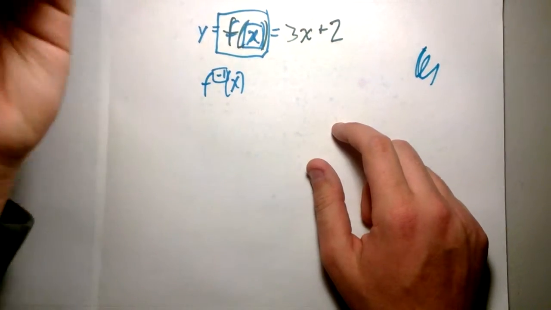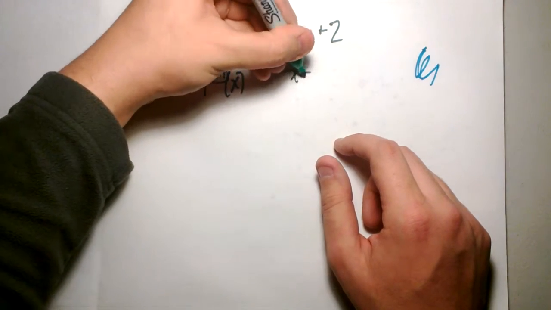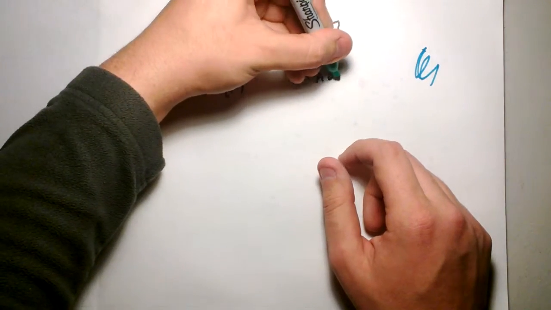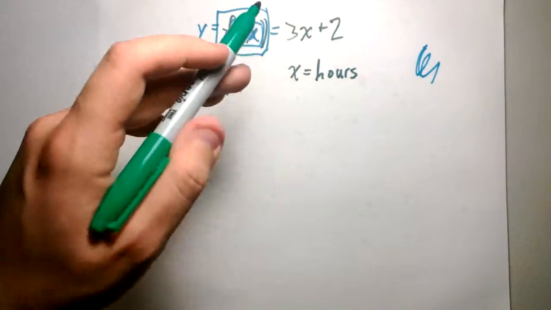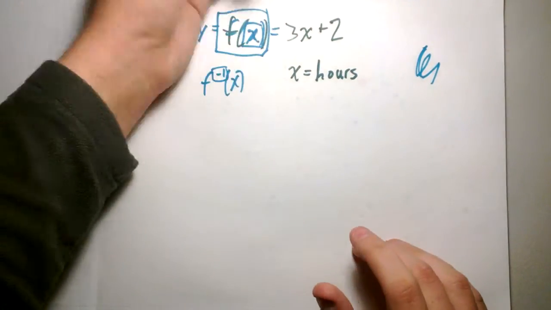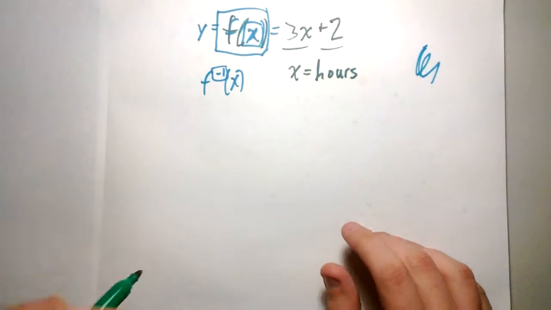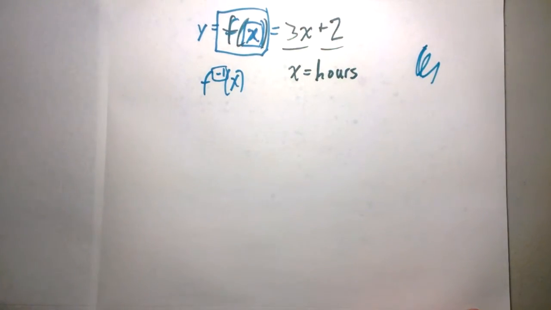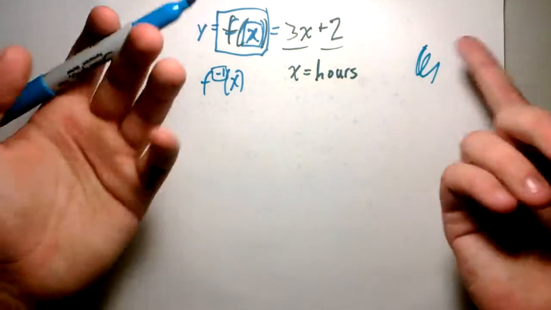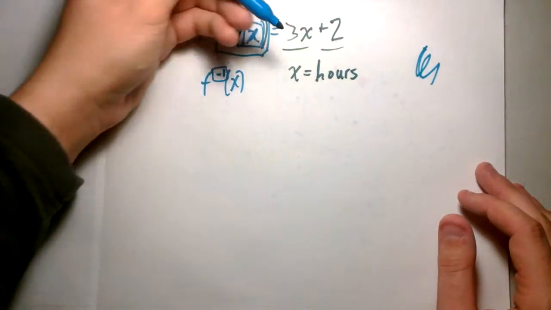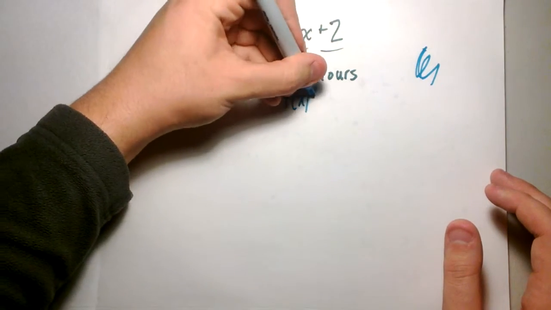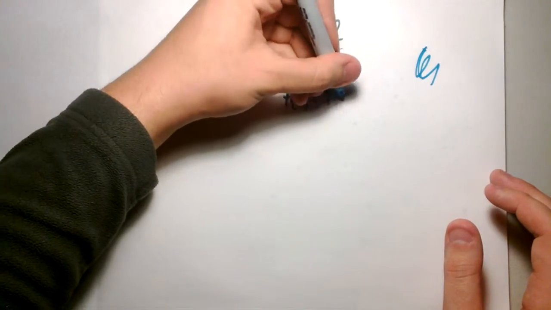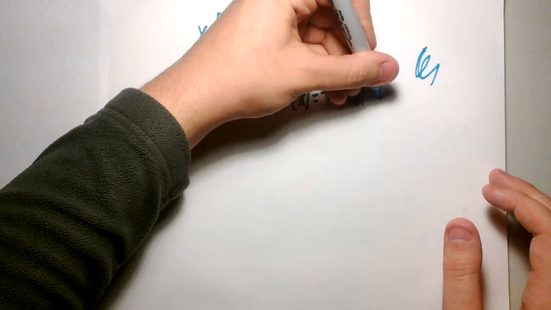So let's just say that x here is equal to hours elapsed. You're paid $3 an hour and you started with $2. This would be a valid equation for that scenario. At 0 hours, you would have the $2 that you started with. And what would the output be? Well, it's the total money you have. So let's just say total cash.